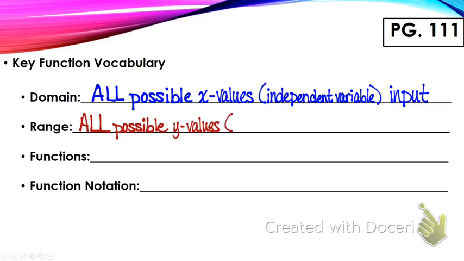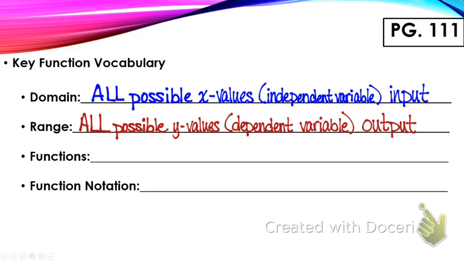Dependent variable, yes. That's absolutely correct. Domain is my input, range is the output. So far, so good? All right.